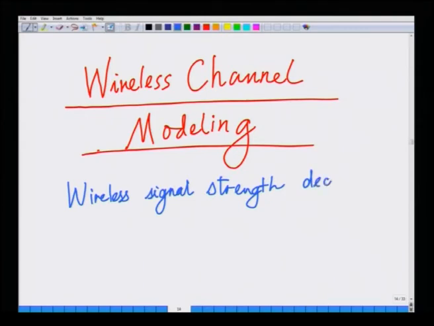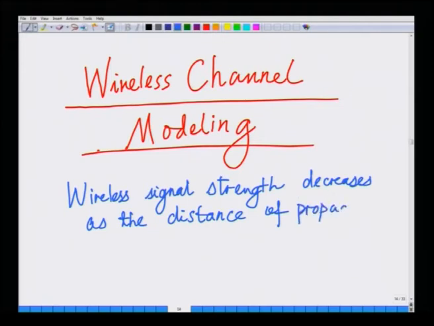We know the wireless signal strength decreases as the propagation distance increases.